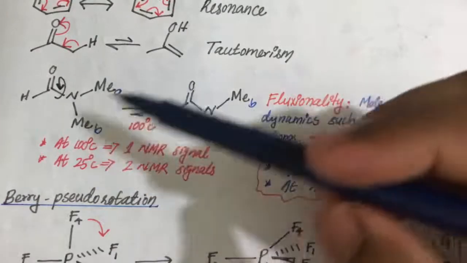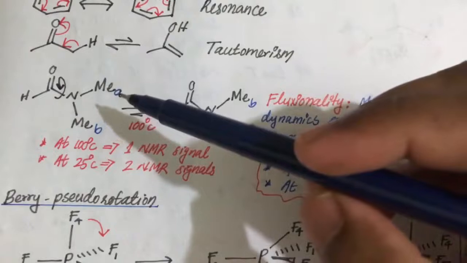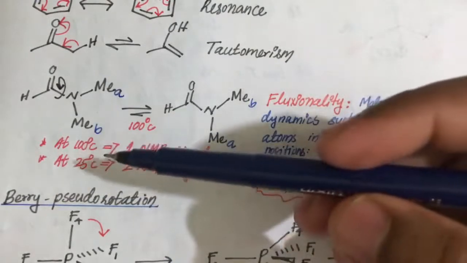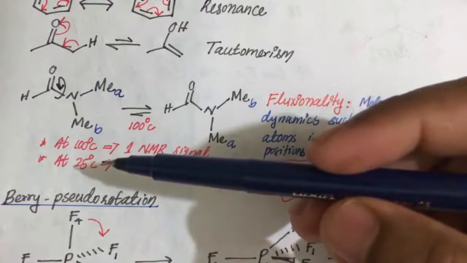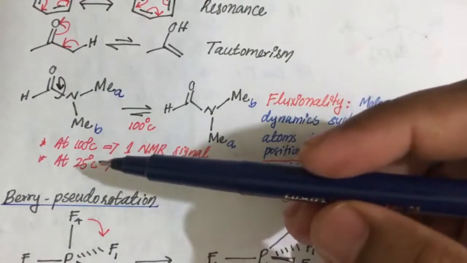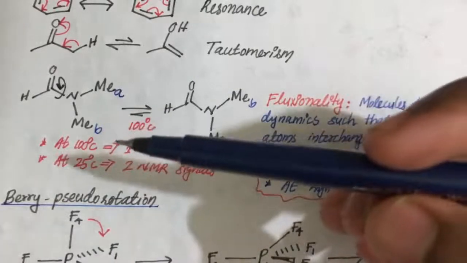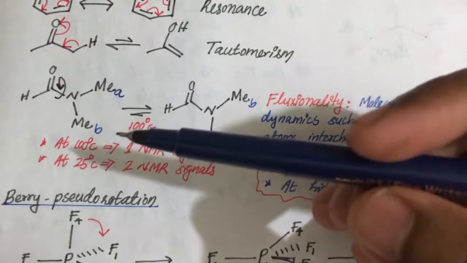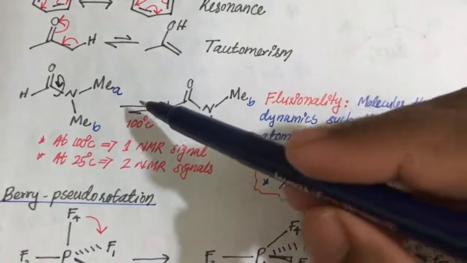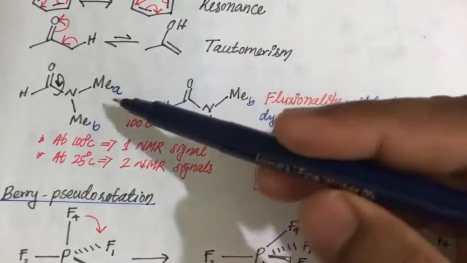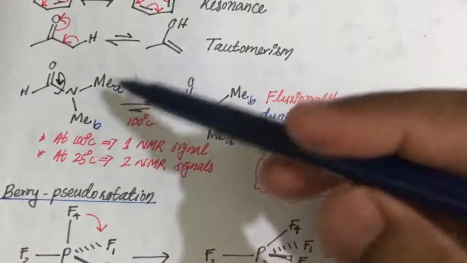This rapid change happens beyond the NMR timescale. NMR needs some time in order to detect the molecule, but this rapid change happens before that. That's why NMR cannot detect the difference.